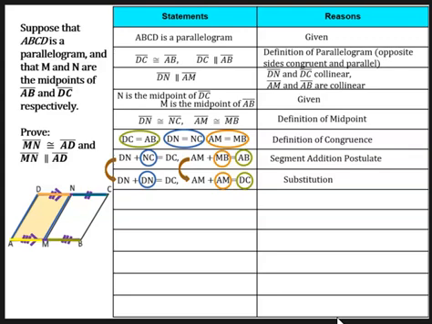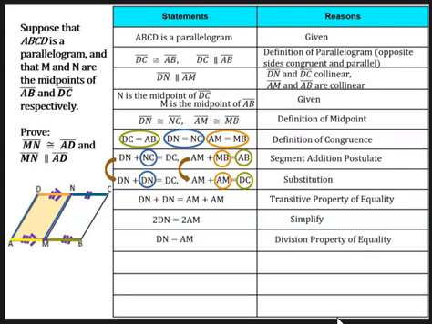This gives us two equations that are equal to DC, and the transitive property of equality tells us that if two quantities are equal to the same thing, then they are equal to each other. My next step is to combine like terms and simplify my equation. Then I'm going to divide both sides of my equation by 2 and convert my statement that says that the measurements are equal to a statement that says the segments are congruent.